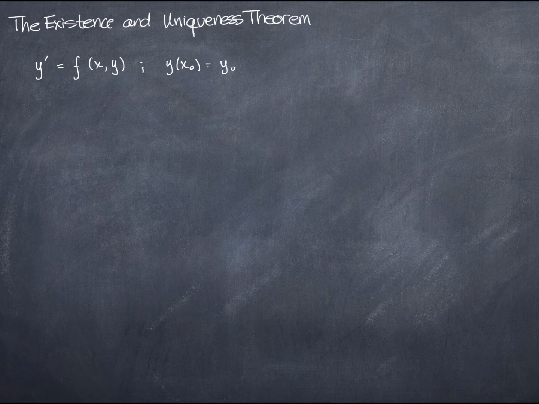I'm going to make another change here, and the reason may not be obvious initially, but I'll explain why as we go along. I'm going to change this from x comma y to t comma y. Remember, t or x, it doesn't really matter which one you use, but given how I'm going to use it in this particular method, I'm going to need a dummy variable.